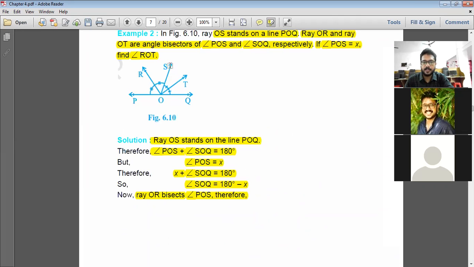Look here, angle SOT. This angle is equal to half into angle SOQ. Clear? In the same manner as we have just shown you, instead of here, it is angle SOT. That's all.